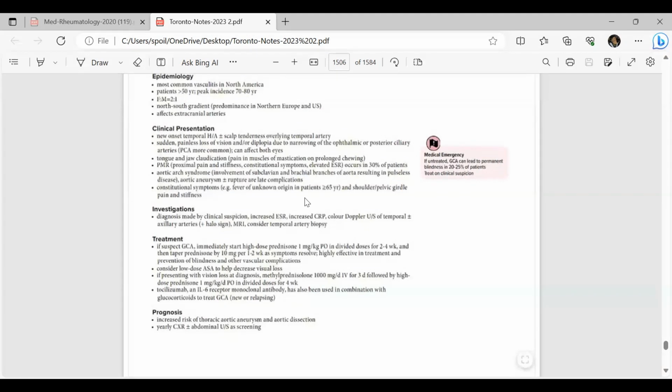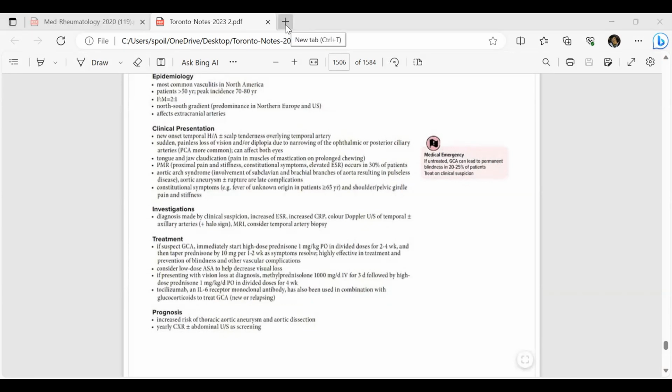We will see a halo sign. And MRI, consider temporal artery biopsy also. So the investigations are increased ESR, increased CRP, Doppler ultrasound of the temporal artery with or without axillary arteries, where we will see this halo sign, and MRI, and consider temporal artery biopsy also.